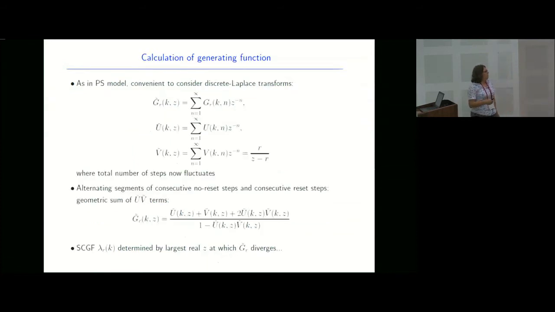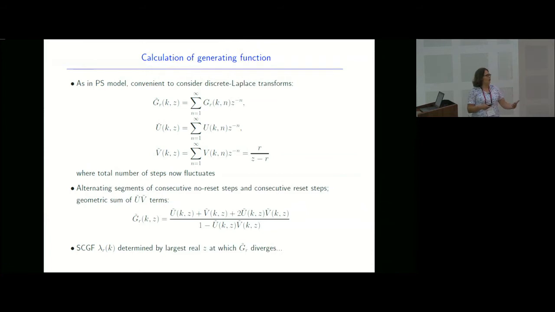And just as in the PS model, it's convenient then to do a discrete Laplace transform, a Z transform. So here I have the discrete Laplace transform of the total generating function, the object I'm interested in, the generating function for the loops without reset, and for the loops with reset.